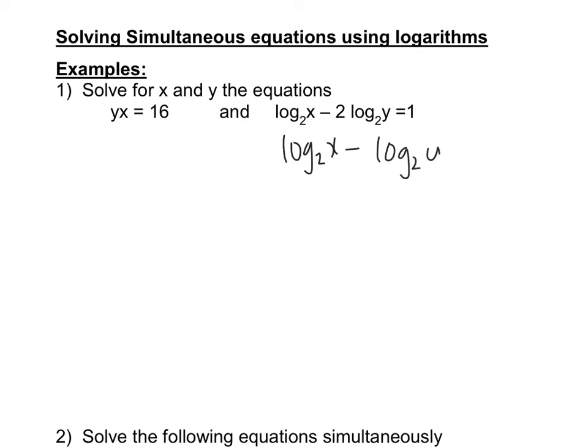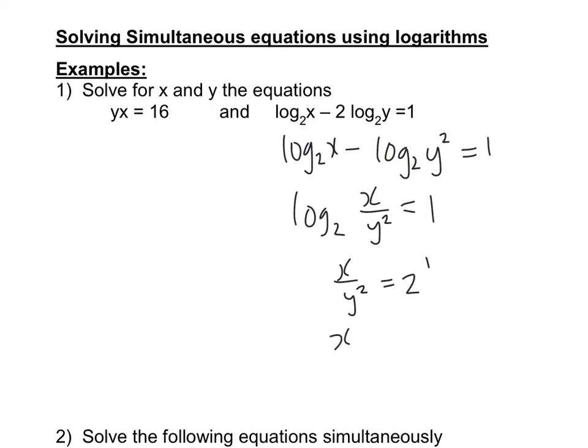I need to bring that number in front of the log up as a power, and then I can do my subtraction log rule. So the log rule using subtraction is x divided by y squared. I then want to write that in index form. In index form, that says that x divided by y squared is equal to 2 to the power of 1, or simply 2.